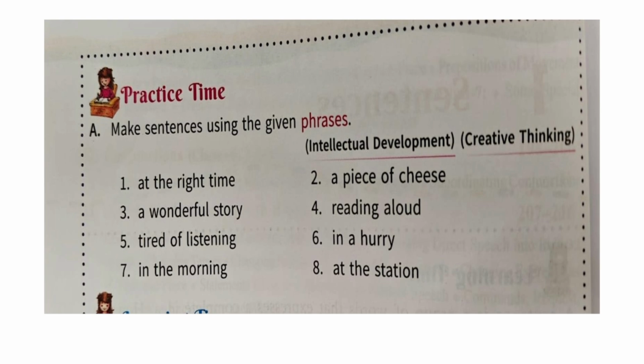Second is a piece of cheese. This work is a piece of cheese for him. Third, a wonderful story. What a wonderful story it is. Fourth is reading aloud. She is reading aloud.